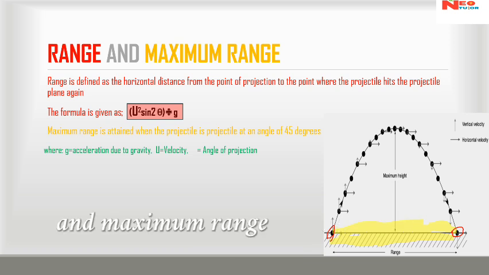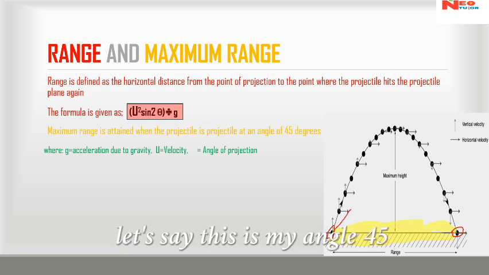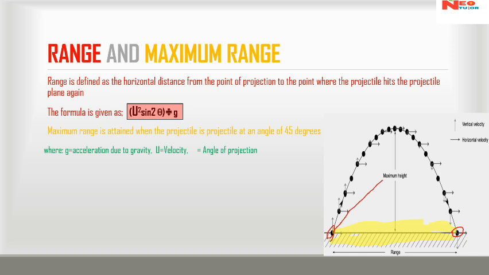And maximum range is attained when the projectile is projected at an angle of 45 degrees. That is, let's say this is my angle 45. If I project an object at this kind of angle, it will reach a very far place.